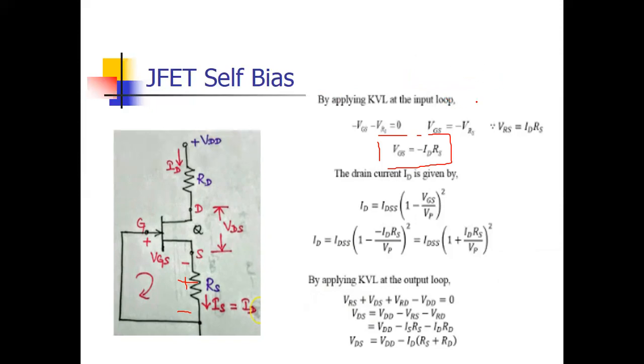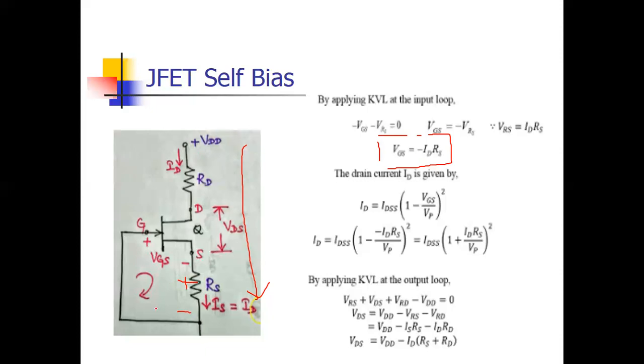Now the next thing is ID, the output current, means quiescent drain to source current. For that we have to apply KVL on the output side. Now the basic difference between BJT and JFET: in BJT we calculate the current from the base side, then we use the formula IC equals beta IB.